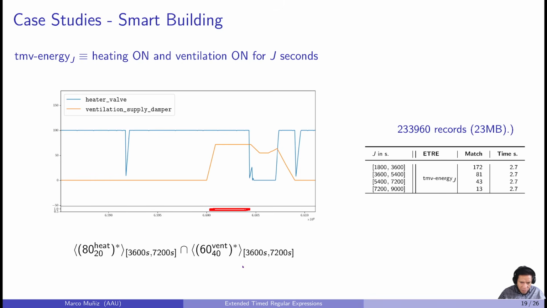This can be done using the following expression. We have that the heating is 80% open, plus minus 20, and the ventilation is also 60 plus minus 40 percent open for a duration from 1 to 2 hours. If we run the expression, we get this match here where both heating and ventilation are open, and this is something we need to detect.